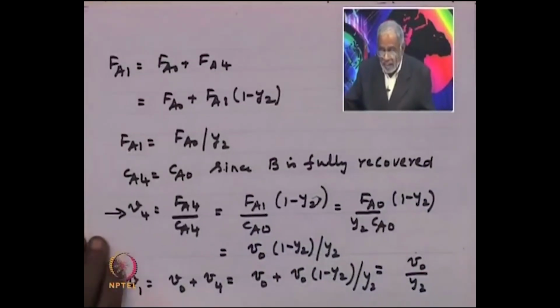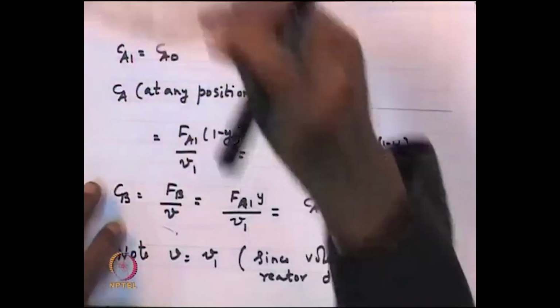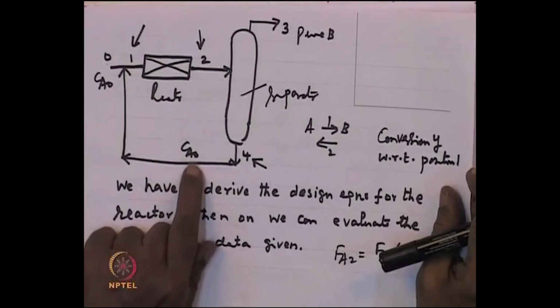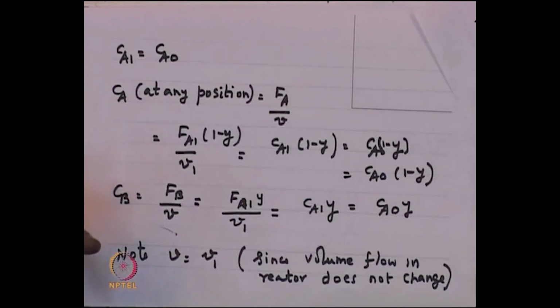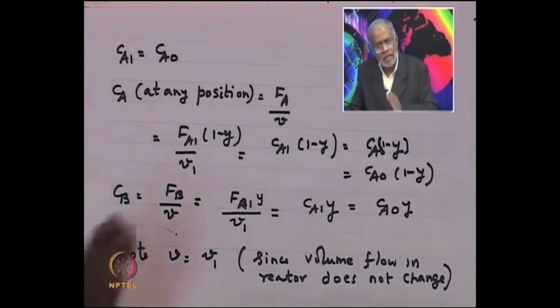Okay, having done that, let's go forward. What we are saying now is that we know from our material balance that concentration at 1 is simply CA0, because this is also CA0, we know that CA1 is CA0. And what is the concentration at any position? After all, if you want to write the design equation for an equipment, we should know concentration at any position.